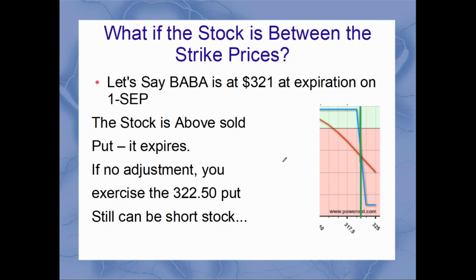And you want to check with them. Of course, remember, if you end up being short shares of stock that you're borrowing from your broker because you exercised a put or got assigned early on a call if it was between the strike prices, you may also have to pay rolling margin fees depending on your brokers. That actually adds to the loss or adds to the cost basis on the position. Okay, so it's still a potential outcome.